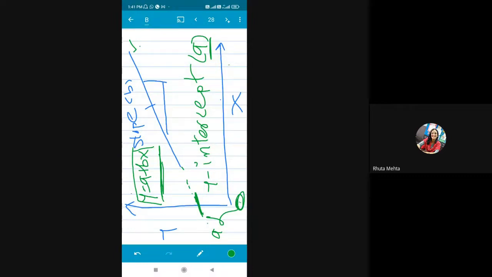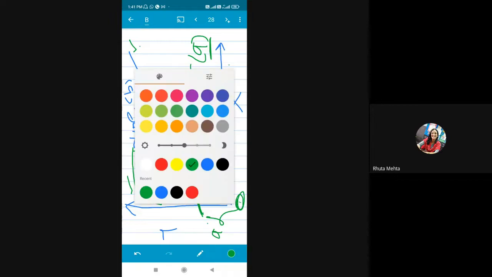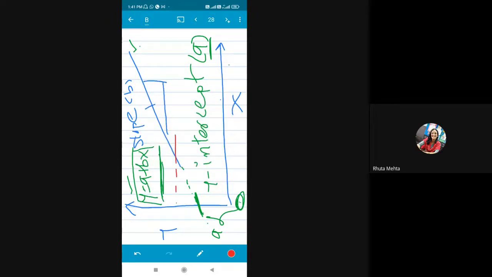The straight line formula is y is equal to a plus bx. B is going to be the slope. Slope means how much y is dependent on x. Suppose this is a straight line, what is going to be the slope? Can anyone tell me?